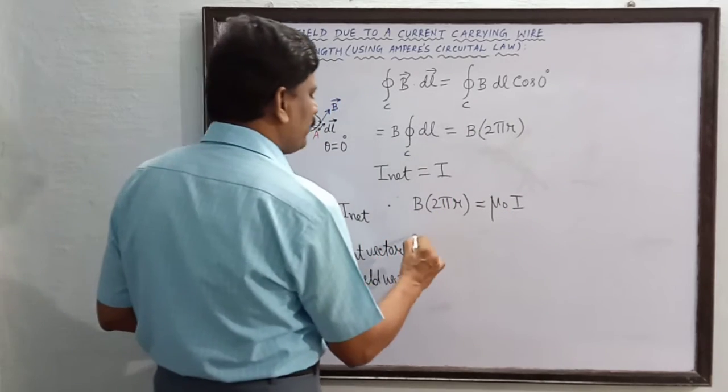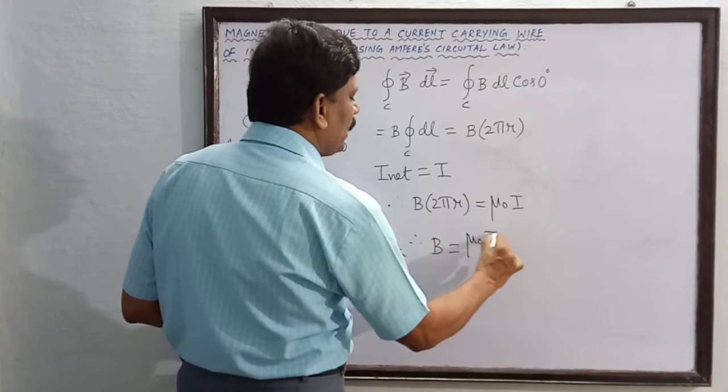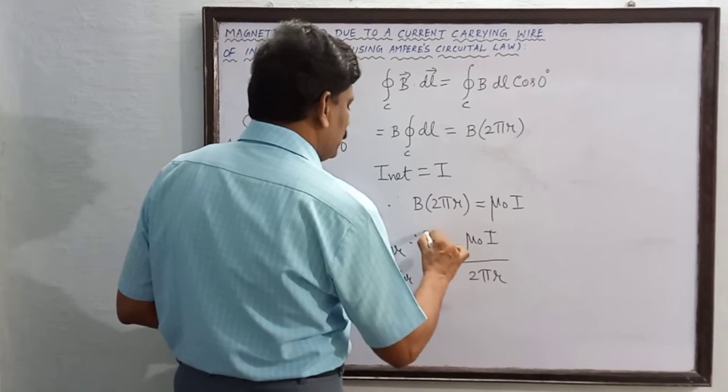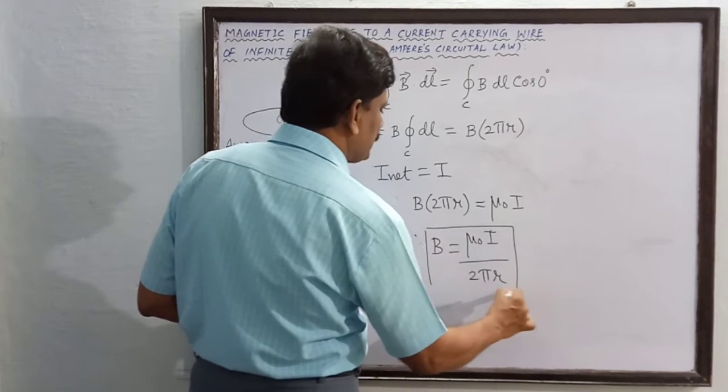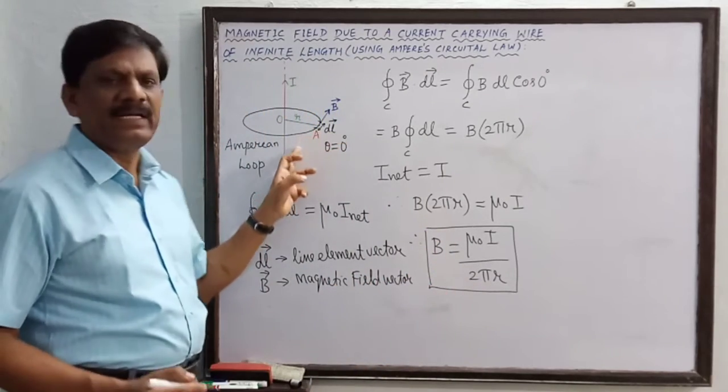We need an expression for B. Therefore, B is equal to mu naught I divided by 2 pi r. This is the magnitude of the magnetic field B at the point A.